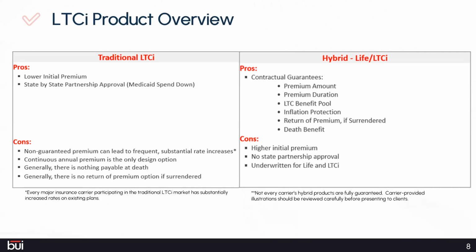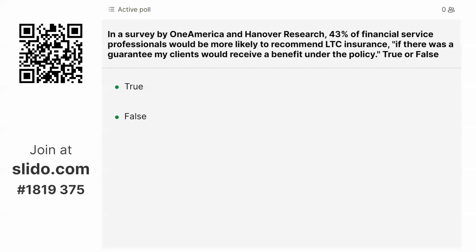They don't provide protection for Medicaid spend down, and the underwriting process, being underwritten for both life and long-term care insurance, can sometimes be a bit more stringent. That said, in today's market, these hybrid products represent the vast majority of what's purchased and are largely the focus of our discussion. But not all hybrid plans are fully guaranteed. So you always want to make sure that you read the illustration, particularly the guarantees in the illustration, before you ever make the recommendation to a client.